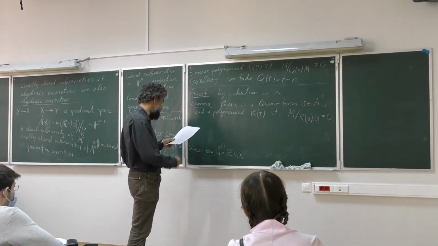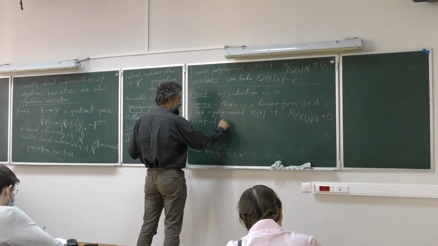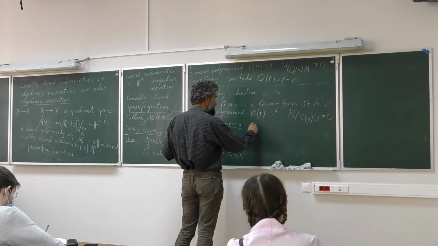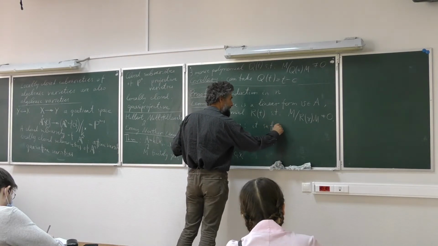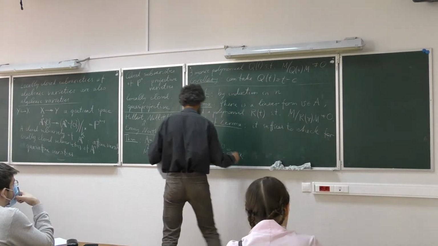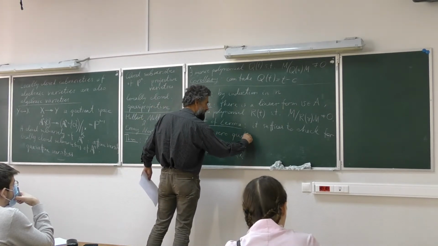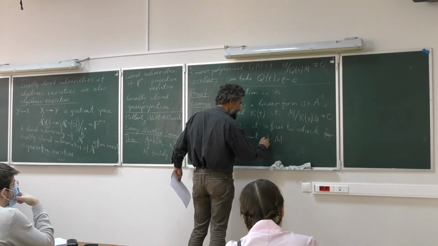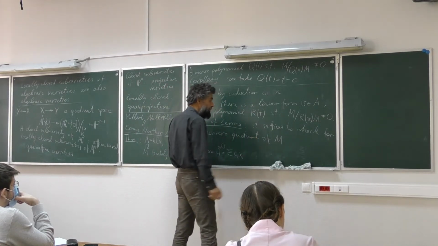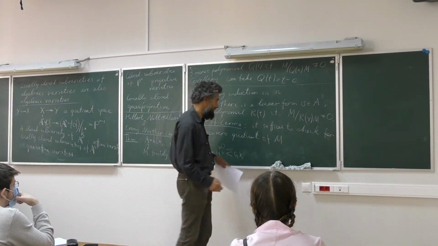Okay. So the proof of lemma. It suffices to check for a non-zero quotient of M. Okay, and we'll choose sort of minimal such quotient, namely the one generated by a single element.